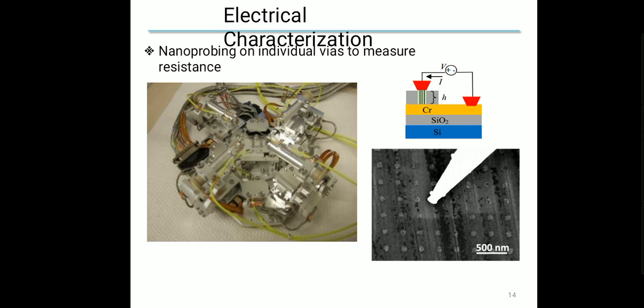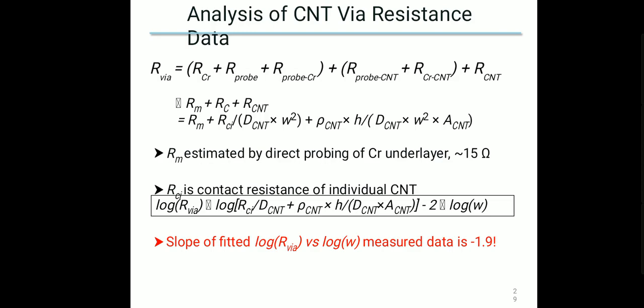This is a picture of the nanoprobing which is done to the semiconductor chip. And on the right side we can observe the assumed structure of the chip, which is combined with chromium, silicon dioxide, and silicon.